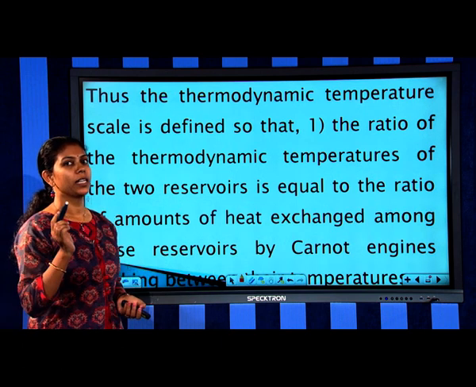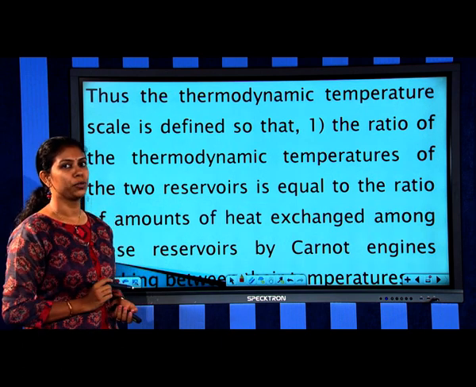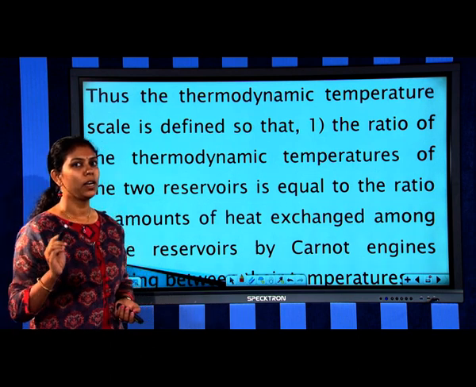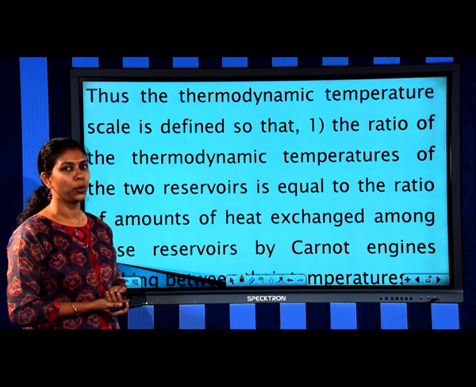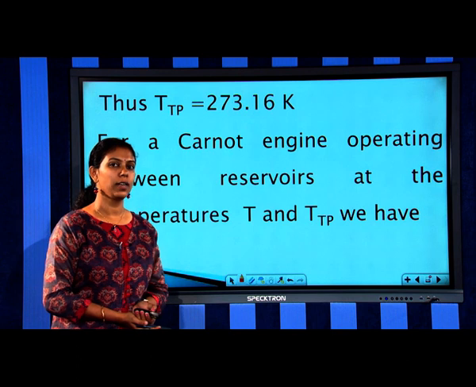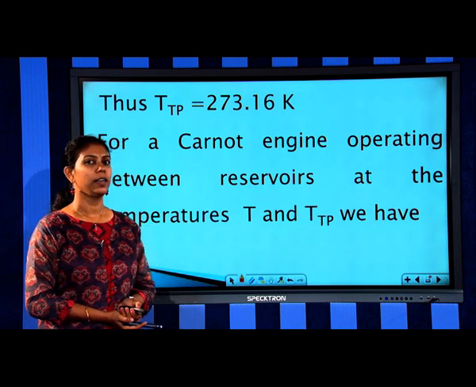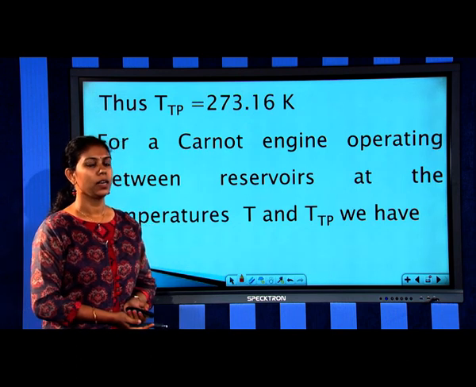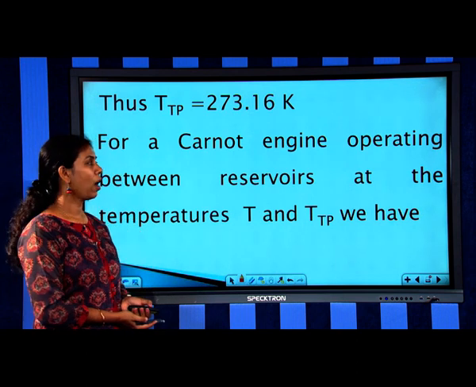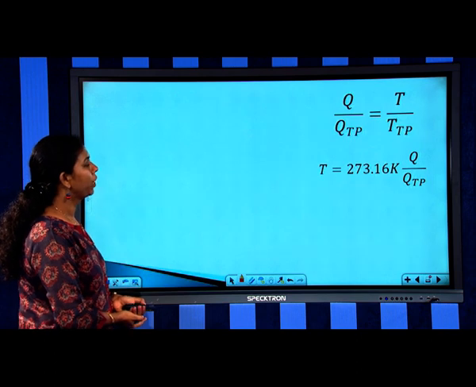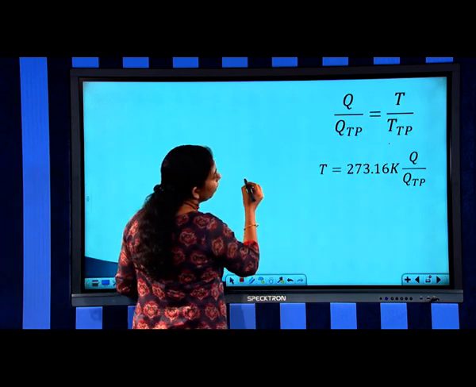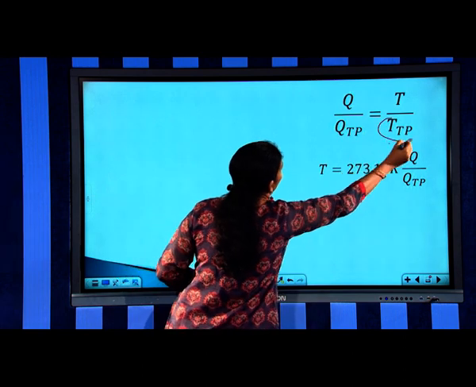From this it is clear that the temperature T is equal to 273.16 Kelvin times Q divided by Q_TP. For a Carnot engine operating between reservoirs at the temperatures T and T_TP, where T_TP is the triple point temperature, we have Q by Q_TP is equal to T by T_TP.